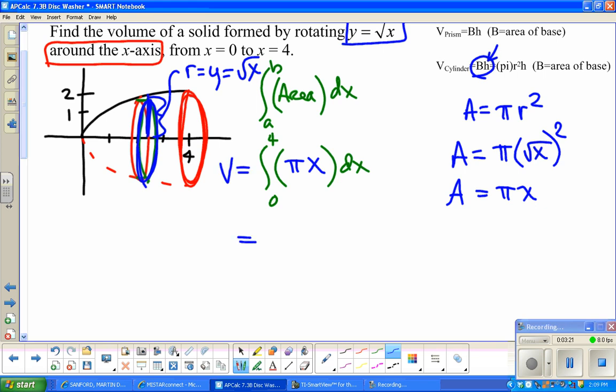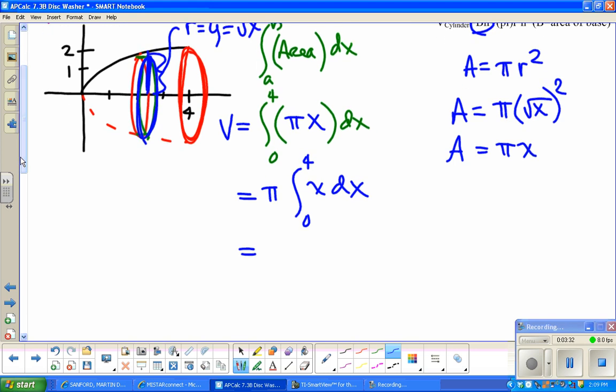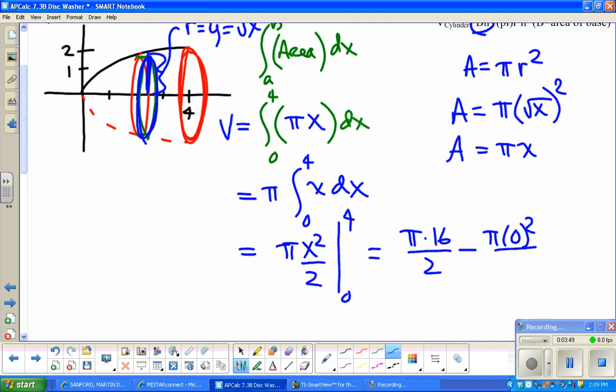If you prefer, you can certainly pull out that pi. The antiderivative of x is x squared over 2, with a pi coming along for the ride, and we evaluate that between 0 and 4. So this is pi times 4 squared over 2 minus pi times 0 squared over 2.